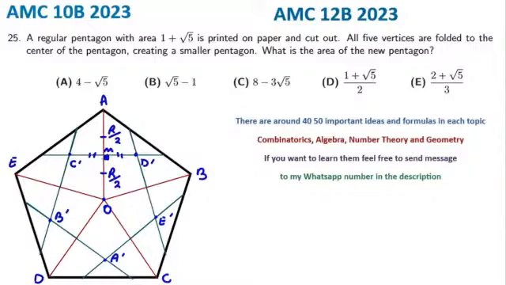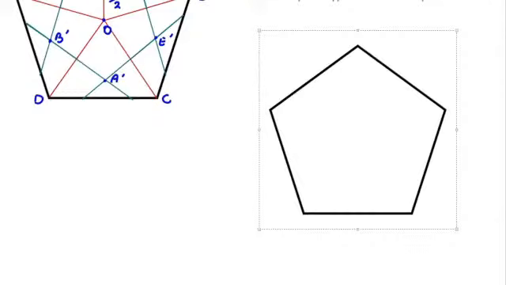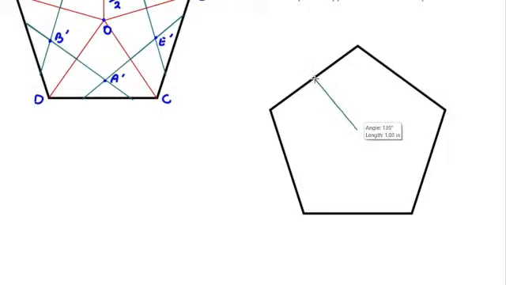For ABCDE, if we draw a perpendicular from the center O to any side, let me draw an easier one. Here it is O, it is A, and it is the perpendicular bisector. We know, for example, this one is K, this one is R. The angle is what?